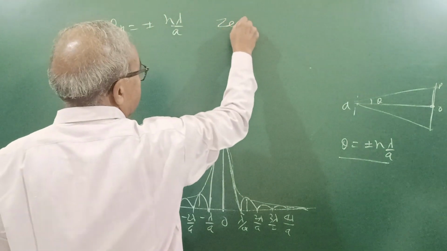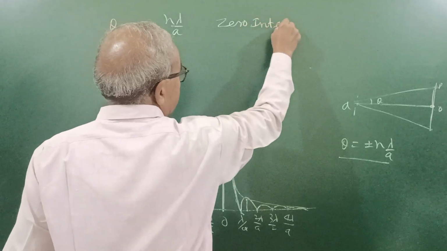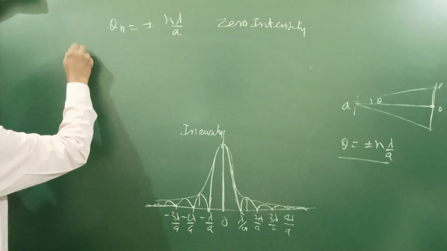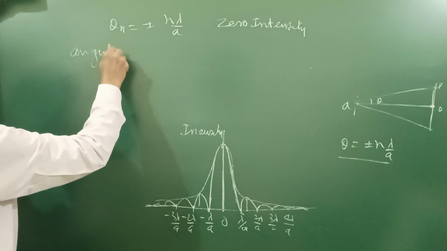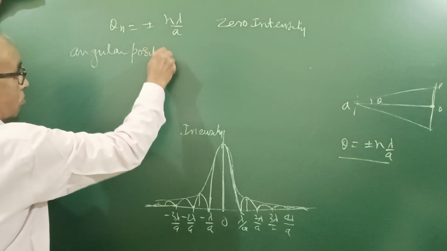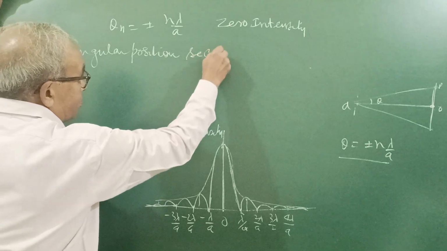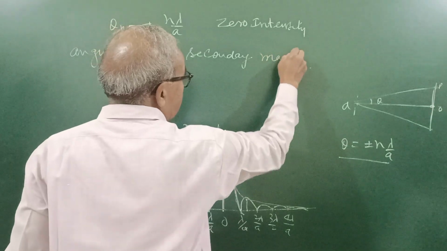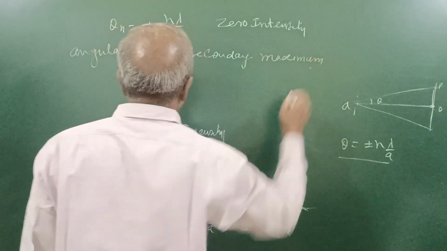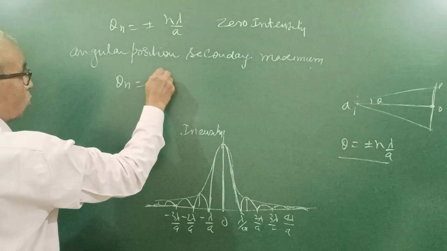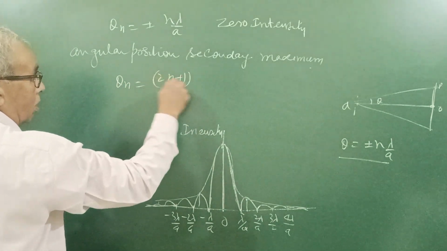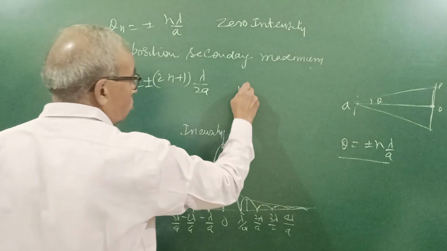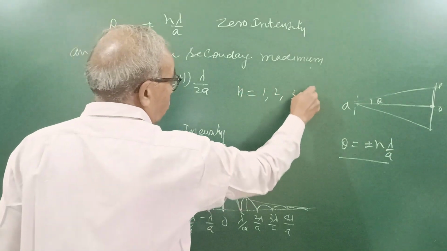Now, the angular position of secondary maxima, whose intensity is very low, is theta n equal to plus minus (2n plus 1) lambda by 2a, where n equals 1, 2, 3, 4, not 0.